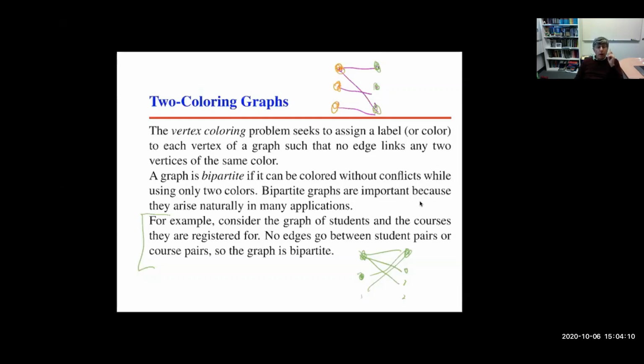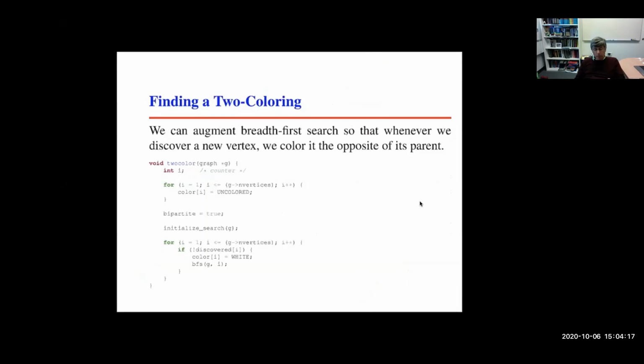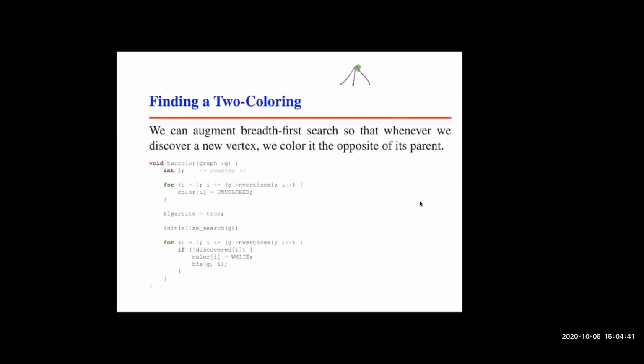So how can we find out if a graph is bipartite, given the graph? Basically we're going to do a traversal, a BFS, where we notice that when we start from the first vertex, if we make it green, what do we know about any of its neighbors? If we have a choice of green and orange, what color must any neighbor of the root green vertex be? Orange.